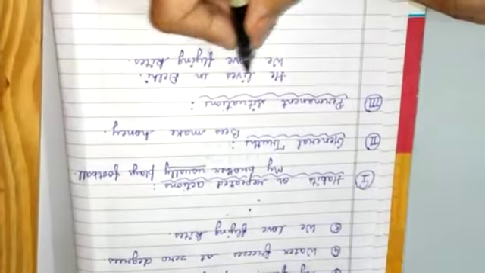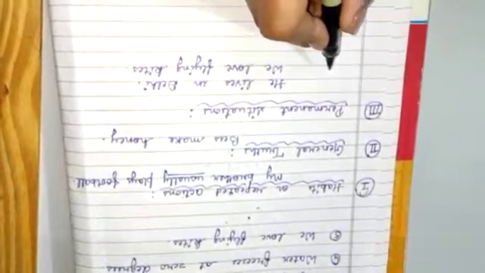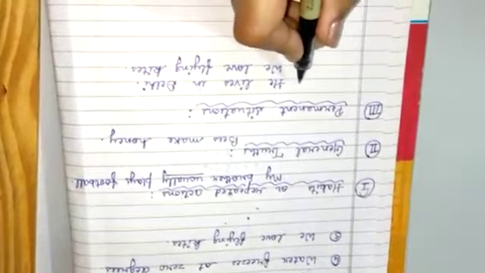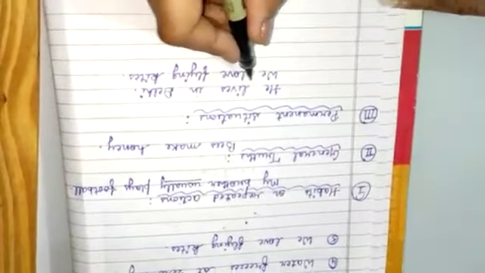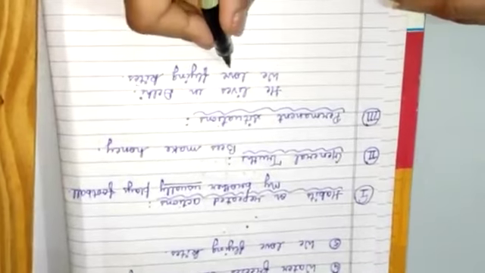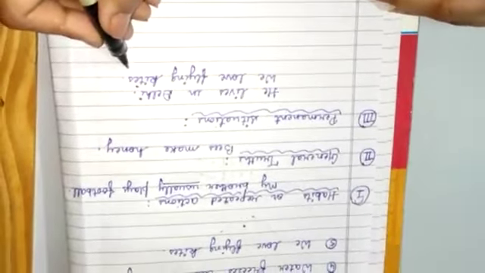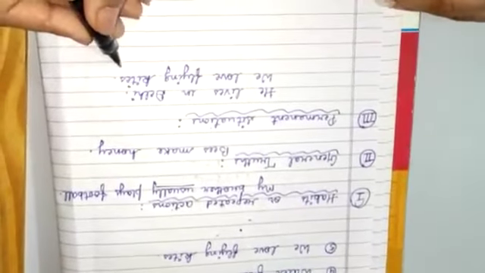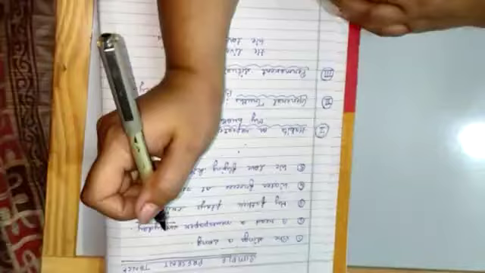Simple present tense is also used for the situations which are permanent, like he lives in Delhi. We love flying kites. So these are some permanent situations where we have used simple present tense.